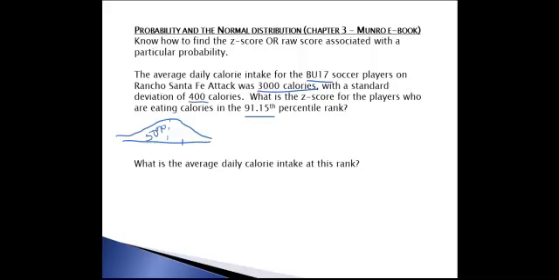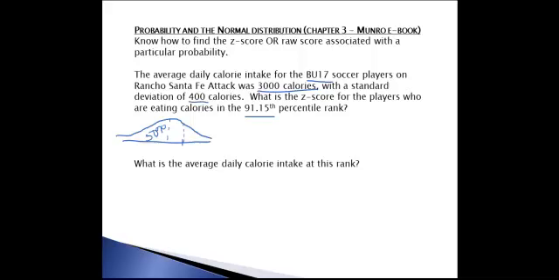So we know that we could look at a z-table and figure out what this would be as far as the 91.15th percentile rank. So we do know that underneath the curve, we would go up to 91.15%.